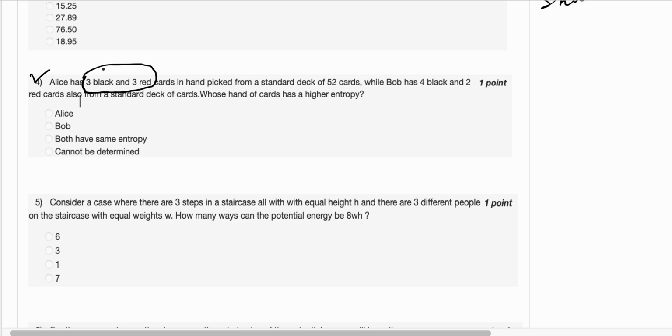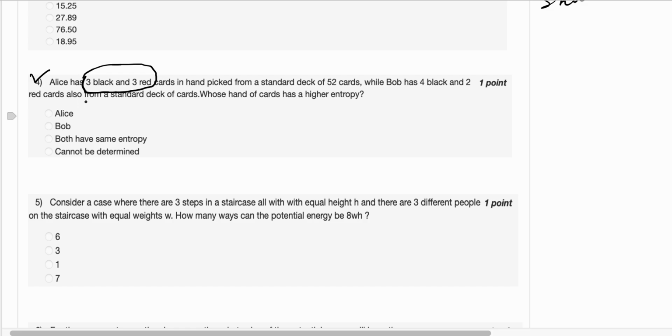If I ask Alice what she has, and we pick one card from her 6, it can be anything, black or red.